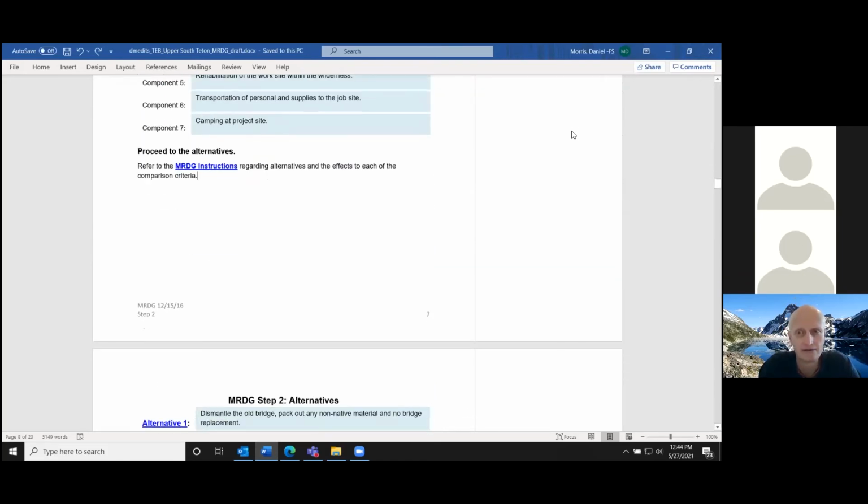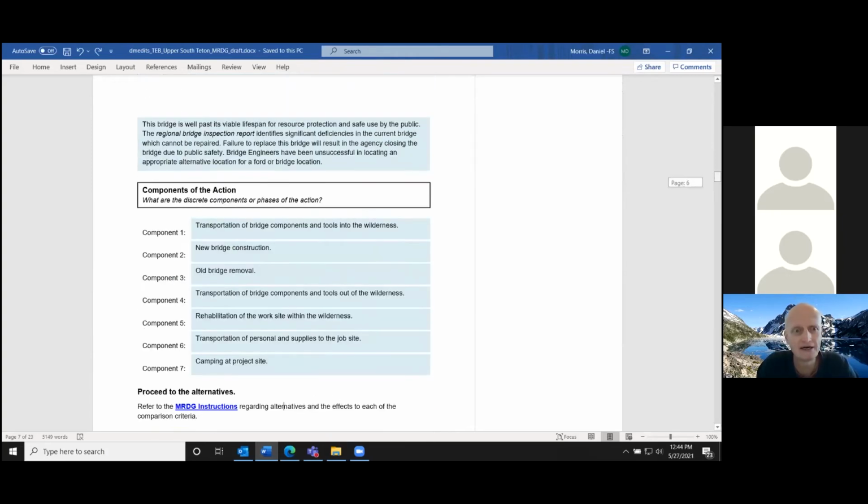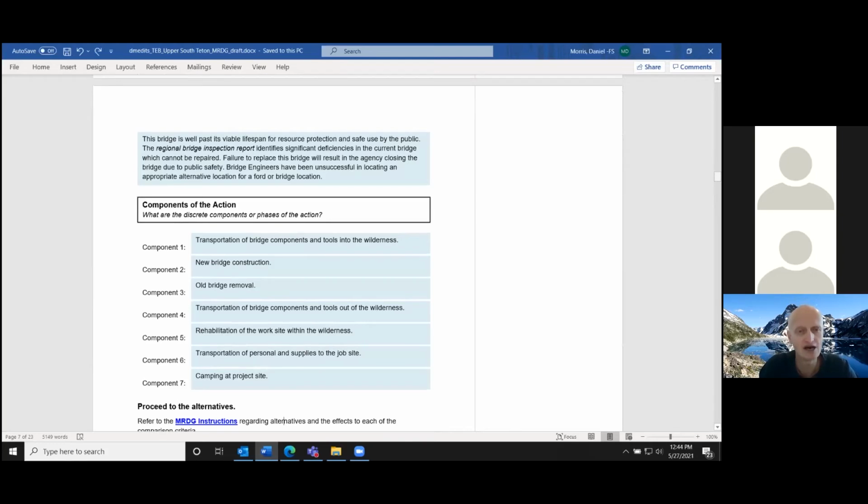And then, oops, sorry. Our components of the action here. They've done a good job of breaking this down. Transportation of components and tools into the wilderness, bridge construction, bridge removal, transportation out of the wilderness, as well as transportation of people and supplies, and camping at the project site.